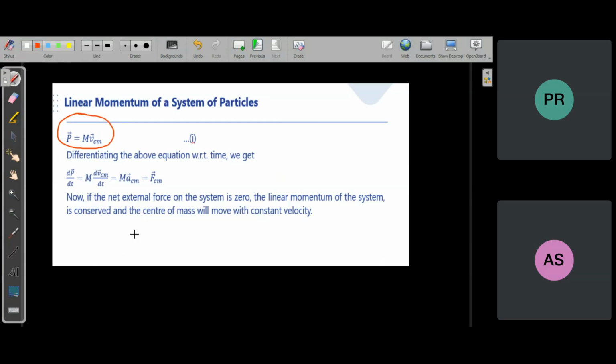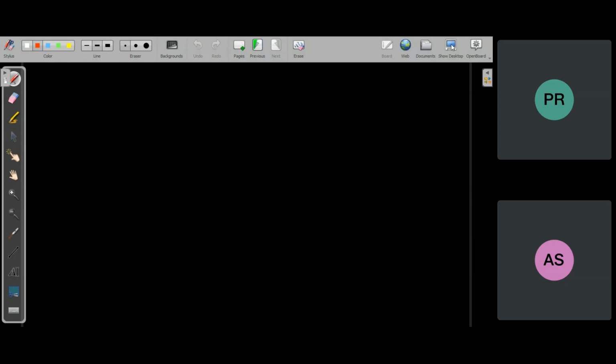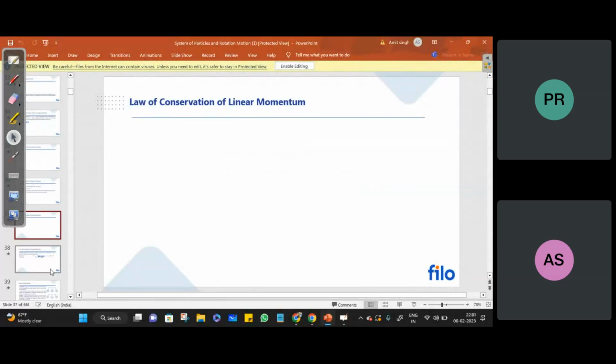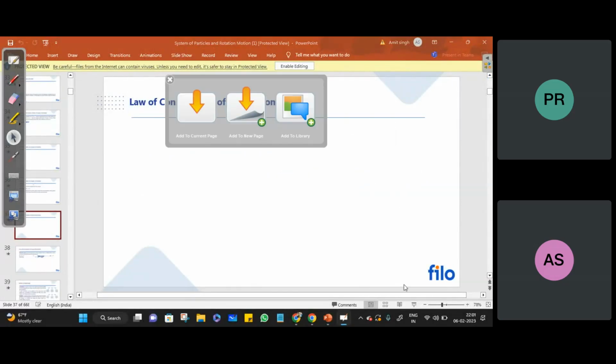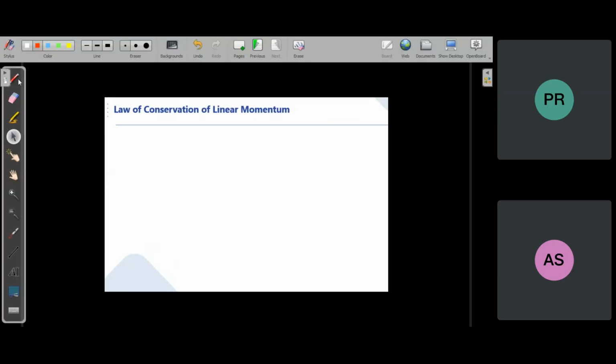Again, you differentiate both sides. So from here also you will get the same equation which you already derived for Newton's second law for a system. And you will understand that if the net external force on a system is zero, then the linear momentum of the system will remain conserved.